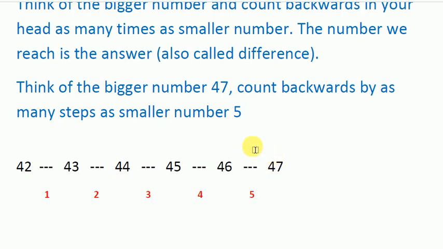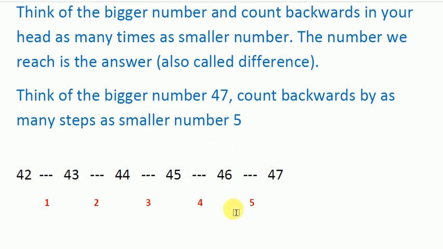So before 47, 46, 45, 44, 43, 42 and stop at 42. See how many steps you have taken? 1, 2, 3, 4, 5 steps, right? So 42 you reached. So 42 is the answer. Therefore, counting backwards helps us to subtract numbers mentally.